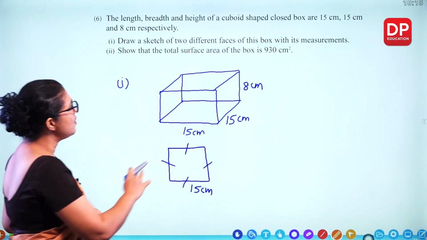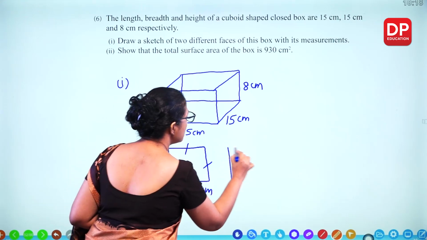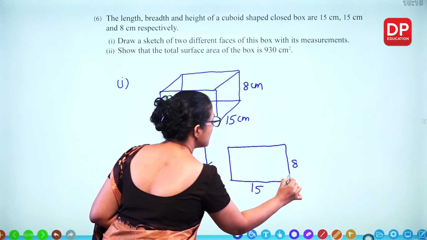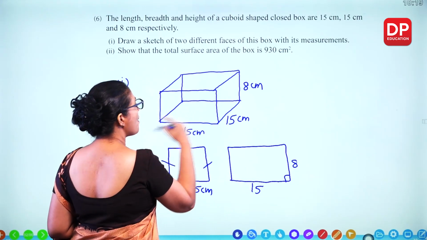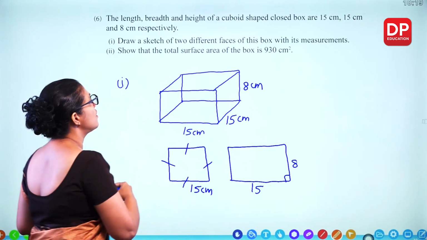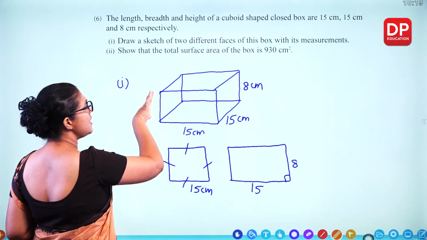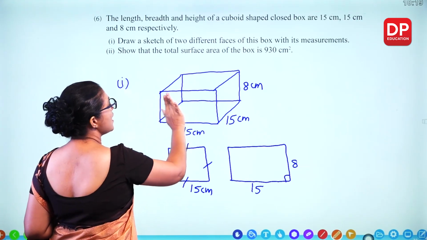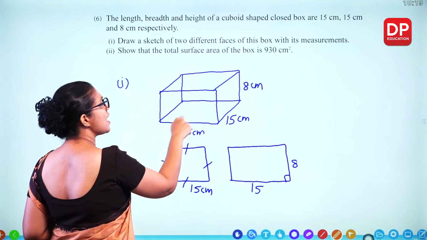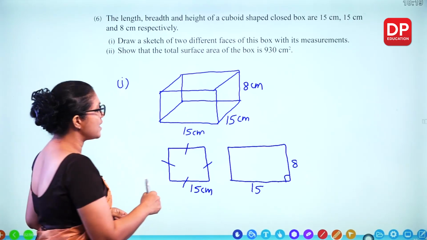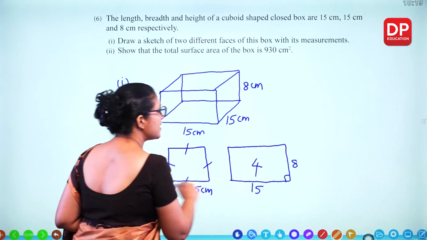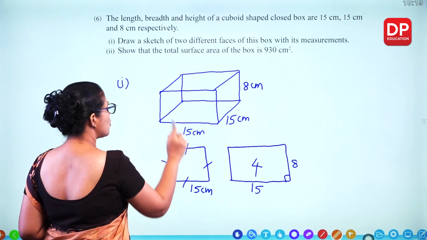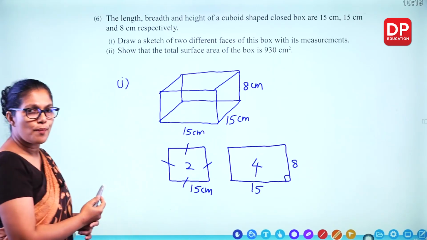Then you get a rectangle, 15 into 8. 15 into 8. So this is the same as this side. And what about the other side, this side? That's also 15 times 8. So you get 4 rectangles from this shape and 2 squares from this one.